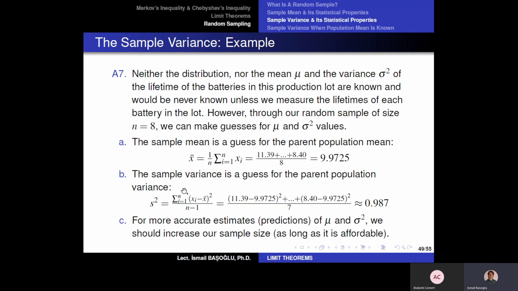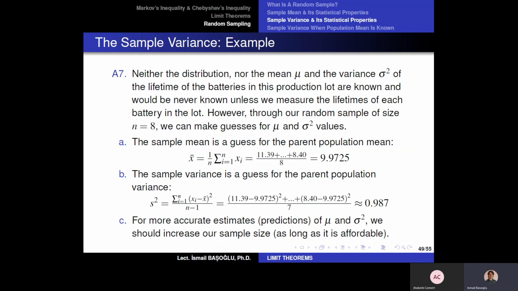Therefore, you divide the sum of squared deviations by n-1. Because when you do it like this, the expectation of s squared becomes exactly equal to the true parent population variance. It yields an unbiased estimate when you divide the sum of squared deviations by n-1.